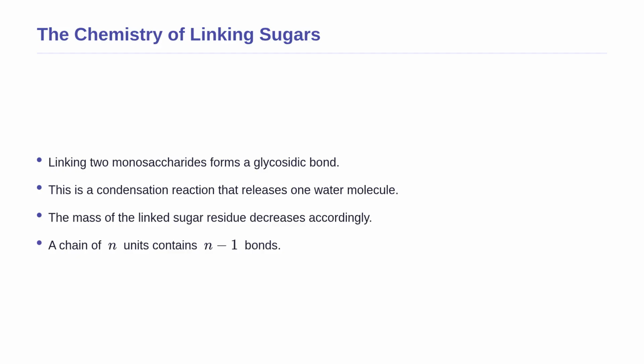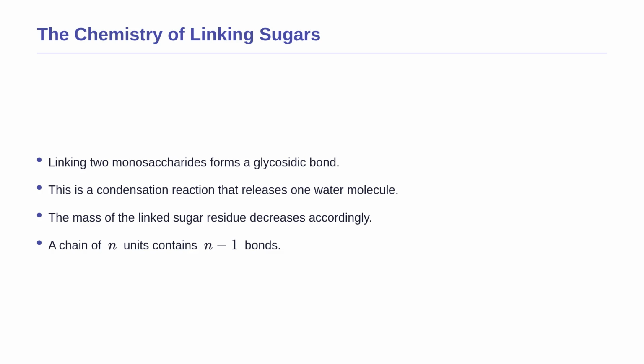Before we calculate the mass of these massive chains, we must understand the chemistry of how they link together. When two monosaccharides join to form a glycosidic bond, they undergo a condensation reaction. This means that for every bond created between two sugars, exactly one molecule of water is removed and lost.